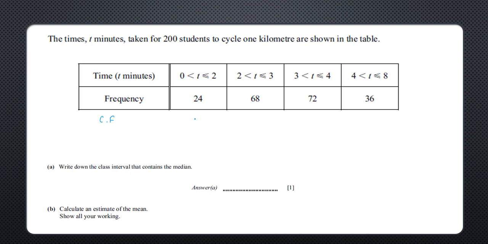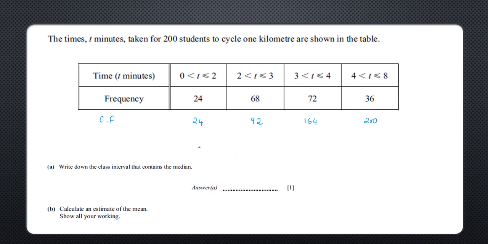For the cumulative frequency, the first entry obviously is going to be 24. The next one, 24 plus 68, which is 92, followed by 92 plus 72, which is 164, and 164 plus 36, which is 200.